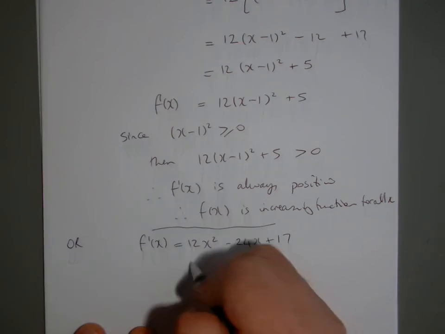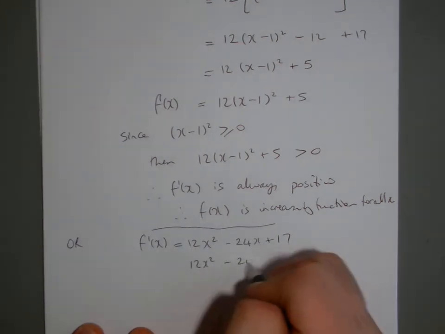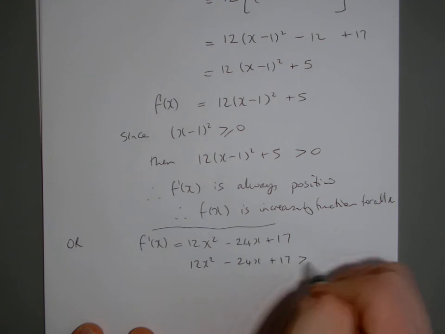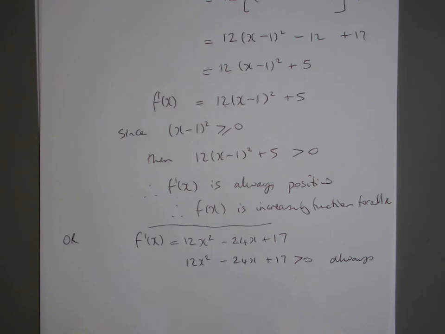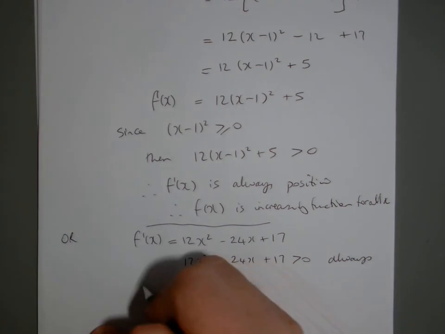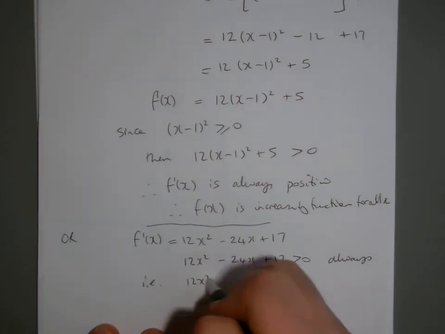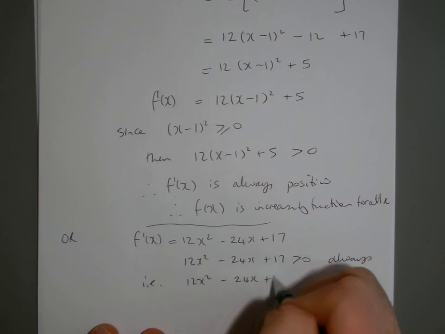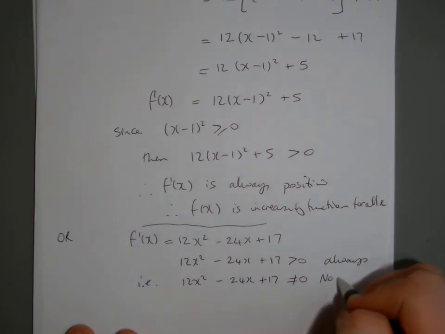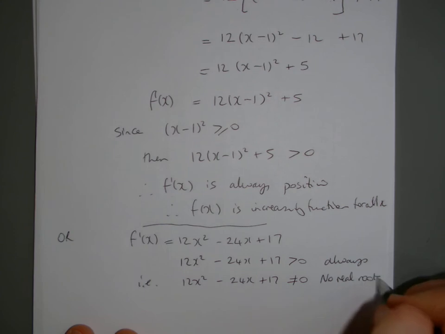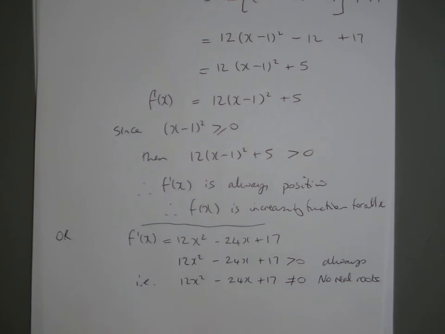So if we want this to be greater than 0 always, it can't equal 0. So 12x squared minus 24x plus 17 can't equal 0. So there's no x's that will give the answer to be 0. In other words, there's no real roots here. So what you can do is look at the discriminant and prove that actually that's the case.